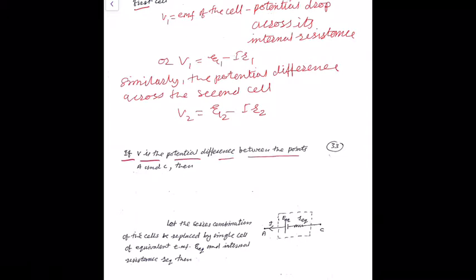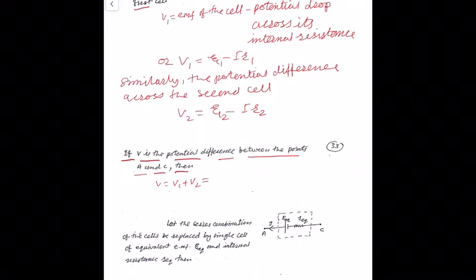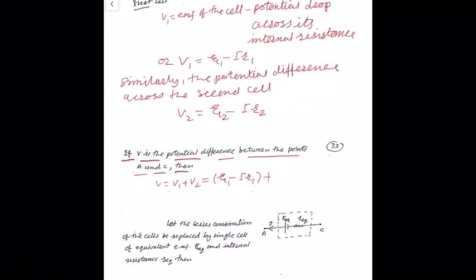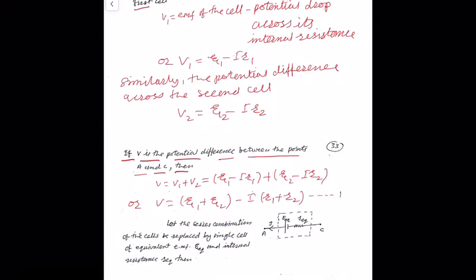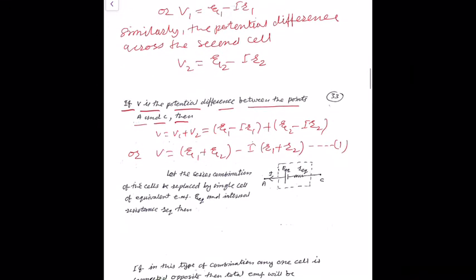If V is the potential difference between the points A and C, then V is equal to V1 plus V2, is equal to E1 minus I r1 plus E2 minus I r2, or V is equal to E1 plus E2 minus I times r1 plus r2. It is equation first.